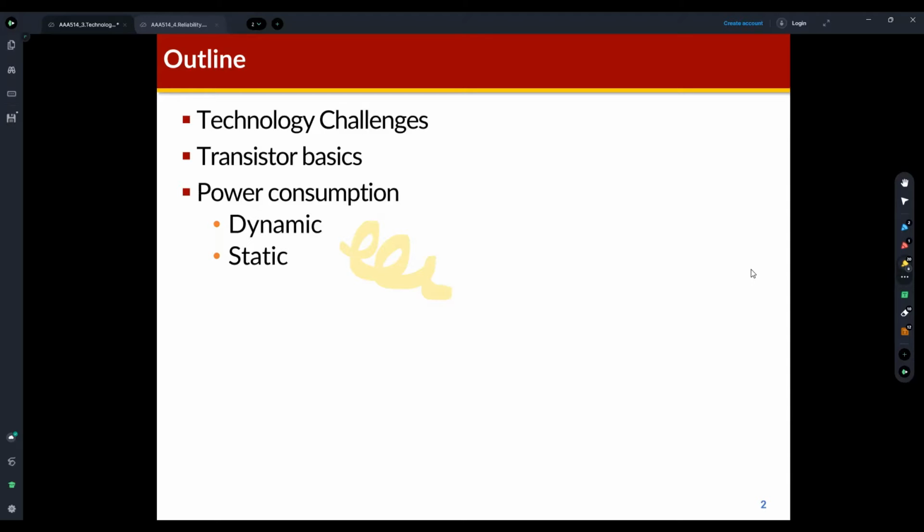It's the same for other nations such as the US, China, and also Europe. So it's not easy to make CPUs with very advanced semiconductor technology.